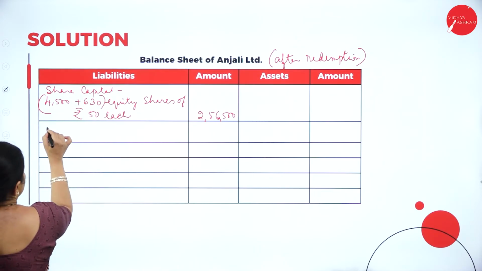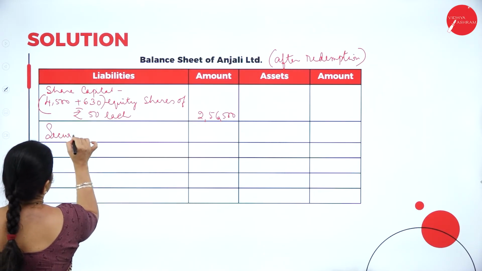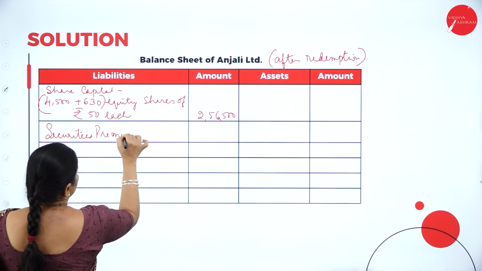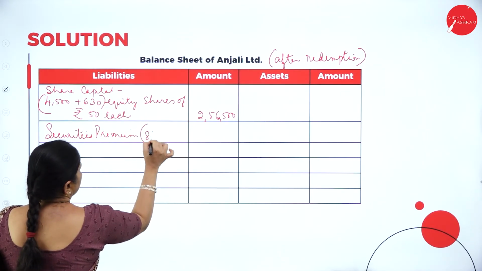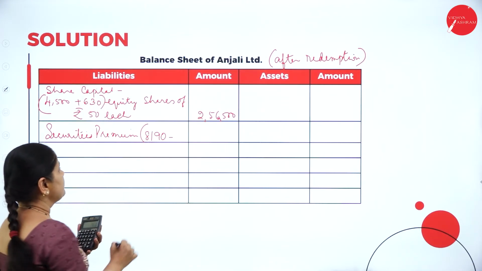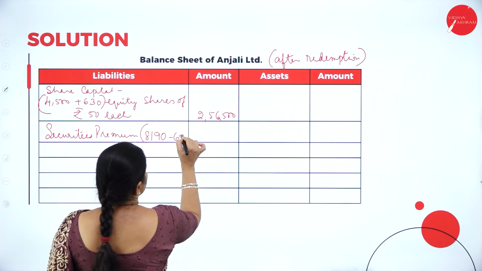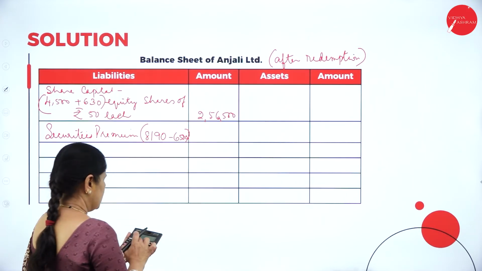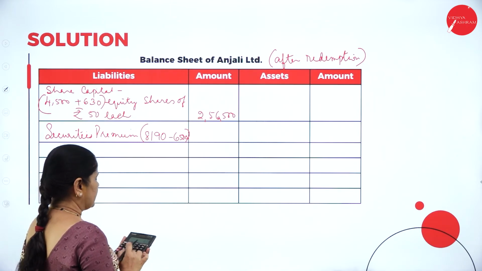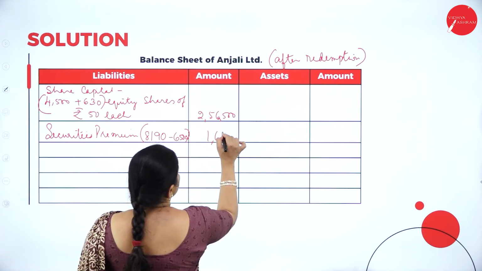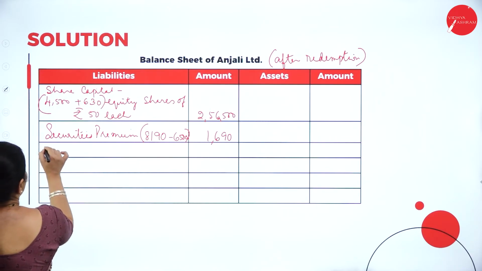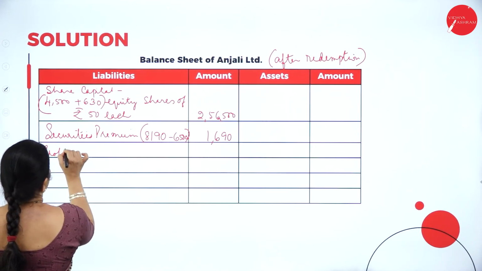Then next, securities premium account. In the securities premium account we have 8,190, and I have taken 6,500. So 8,190 minus 6,500, 1,690 is the balance.